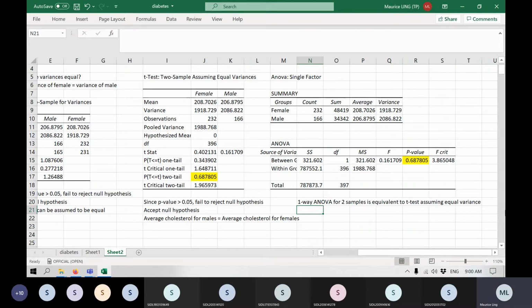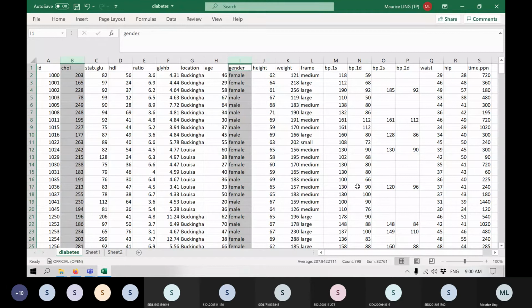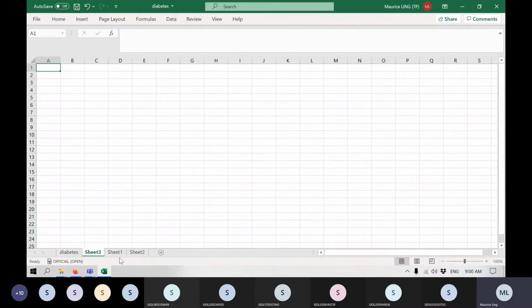It is possible. Okay, so far any problems? Let's say you do another test which uses your paired t-test.